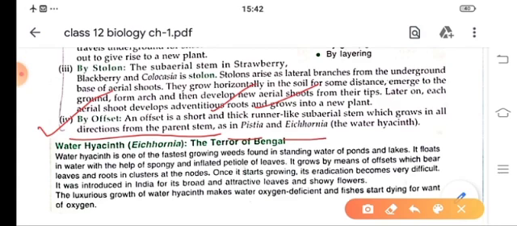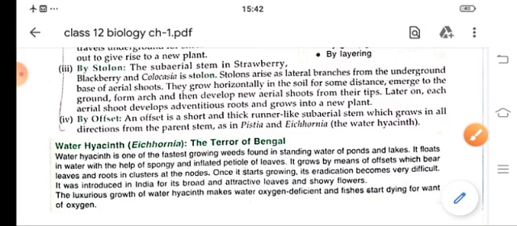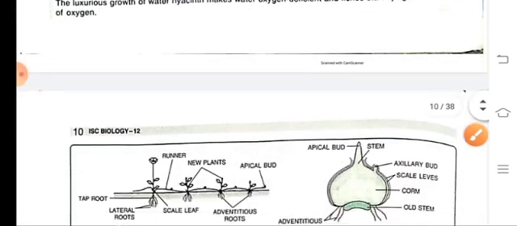It is one of the fastest growing weeds in standing water, and it floats in water with the help of spongy and inflated petiole of leaves. Now these were introduced in India for their broad and attractive leaves and showy flowers, but it is very difficult to eradicate water hyacinth from the water.